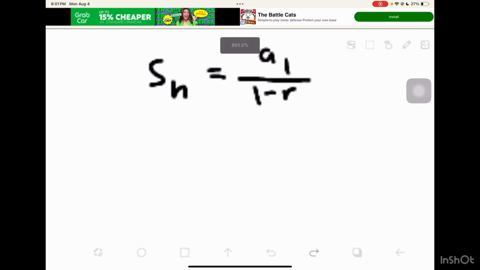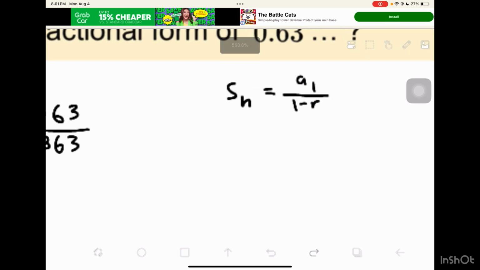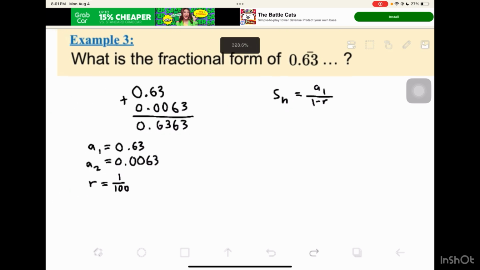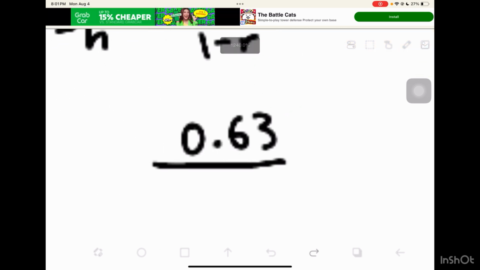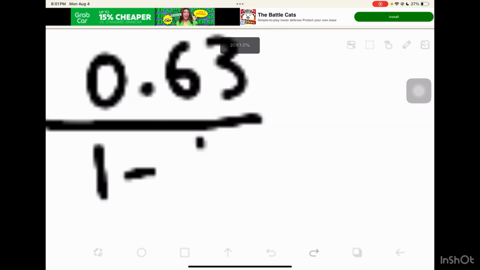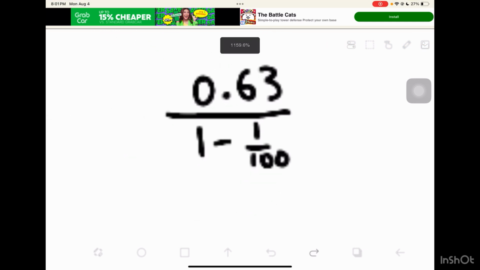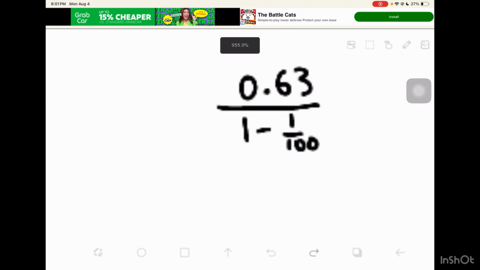So we want to substitute everything because we already have everything. So we have a sub 1, that's 0.63 over 1 minus 1 over 100. So let's simplify this. 1 minus 1 over 100 is equal to 0.99.